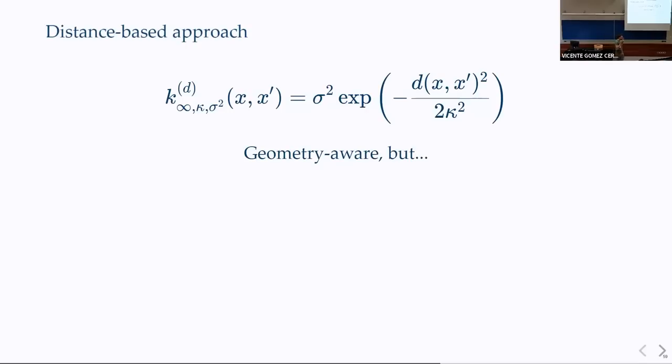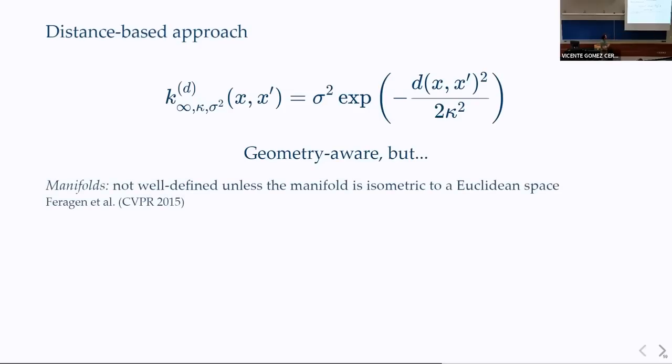So you can replace the standard Euclidean translations with these automorphisms or isometries and ask your kernels to be invariant with respect to automorphisms or isometries. You will get this generalized stationarity, and this is what I mean by geometry aware, actually. So these are geometry aware kernels in the sense of respecting the symmetries, but it turns out that these are not actually well-defined kernels.